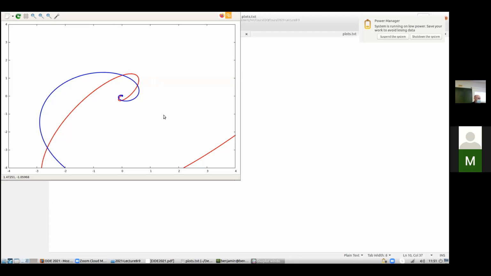So what I'm going to do now is plot, instead of the solution of my original problem, also p times the solution of the system in y.